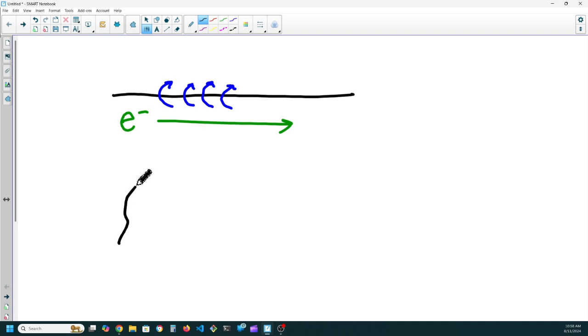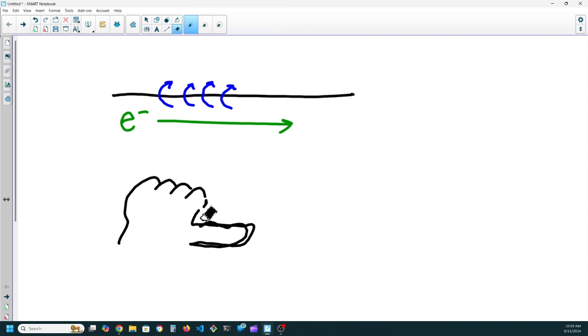I didn't draw a picture, but when I wrap my fingers around this wire in such a manner that my thumb of my left hand is pointing in the direction of current flow, then my fingers will wrap around this wire in the direction of the magnetic field.